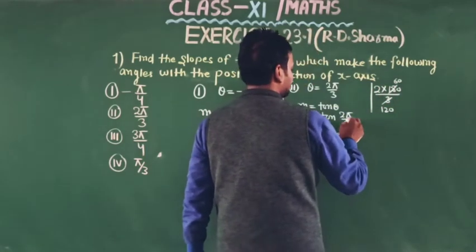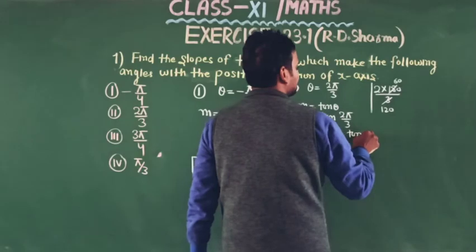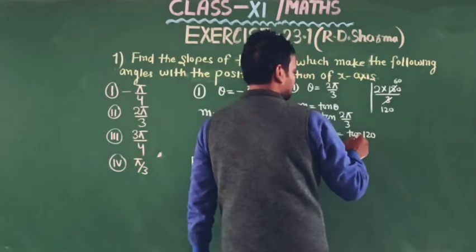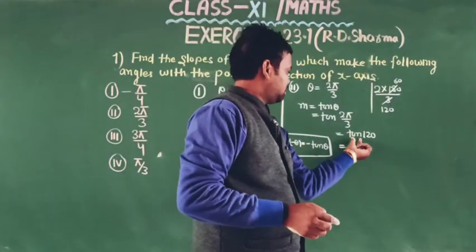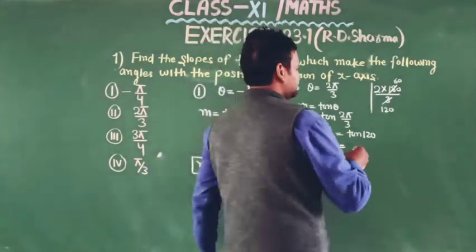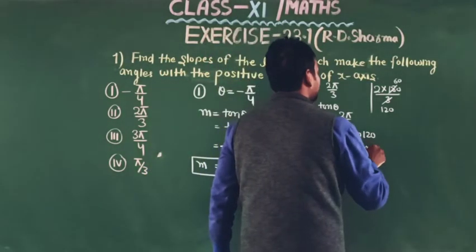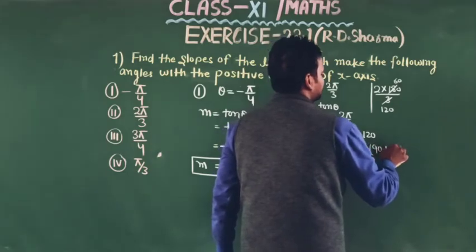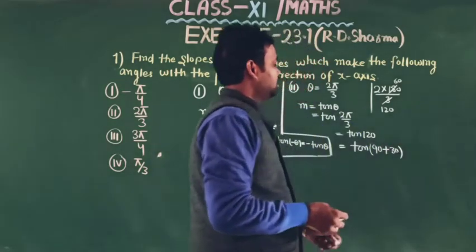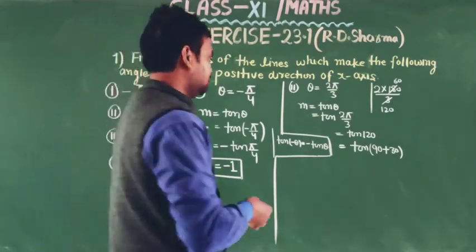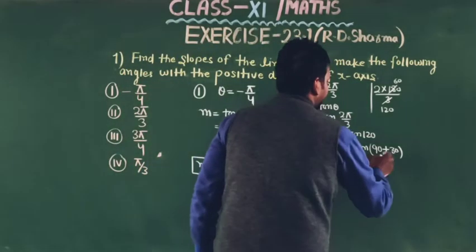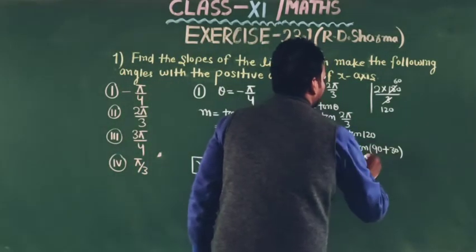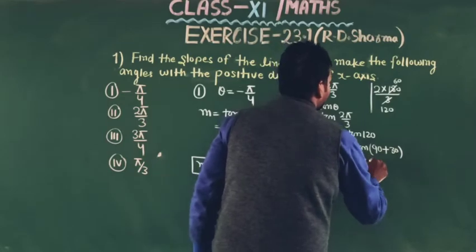So the value of 2 pi by 3 is tan 120 degrees, and tan 120 can be written as tan of 90 plus 30 degrees, which gives minus cot.